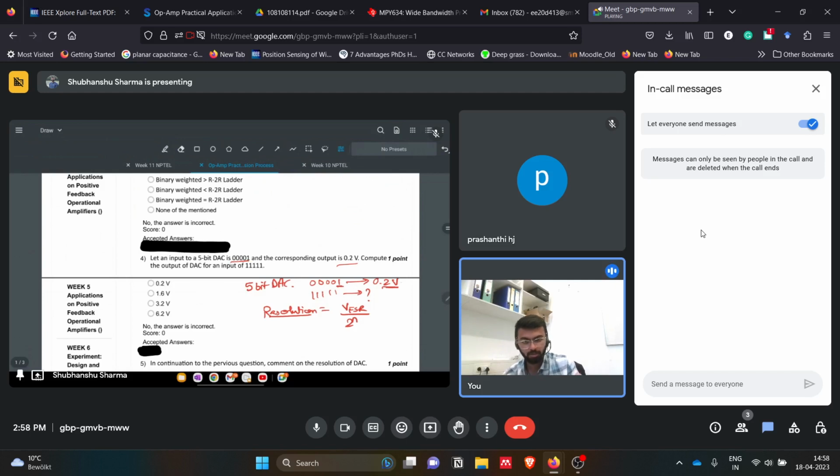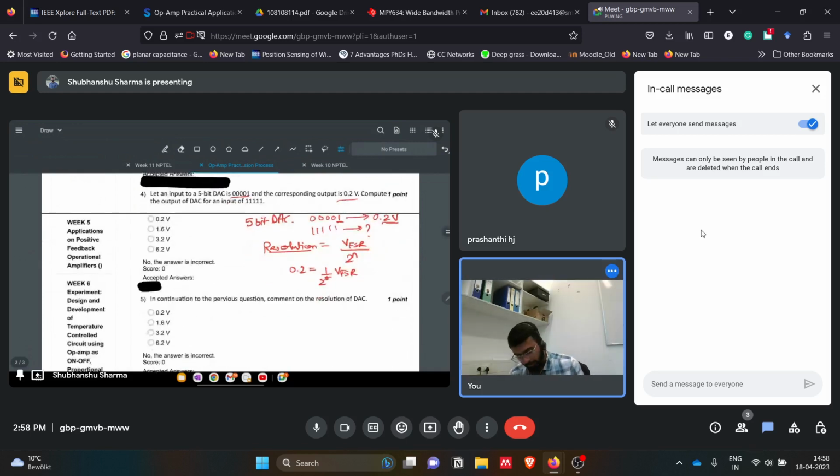So the corresponding output will be its resolution. So 0.2 equals VFSR divided by 2 to the power 5, with n being the number of bits. Now VFSR equals 0.2 into 2 to the power 5.